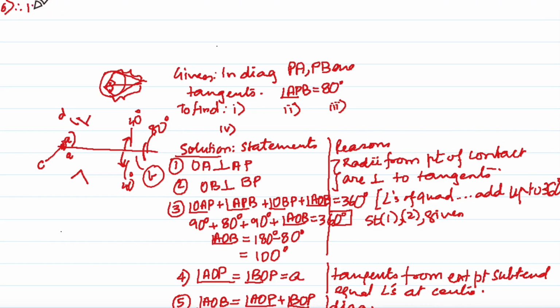Therefore, 100 degrees is equal to A plus A. Which statement said it is 100? Statement 3. And which one said that is A and A? Statement 4. So 2A is equal to 100 degrees and A is equal to 100 upon 2 means 50 degrees.